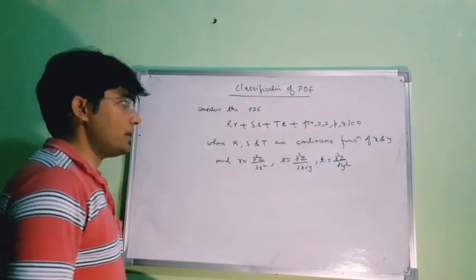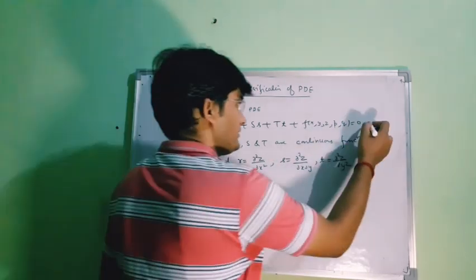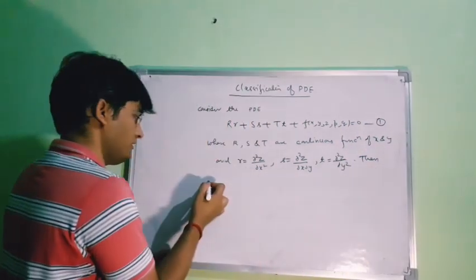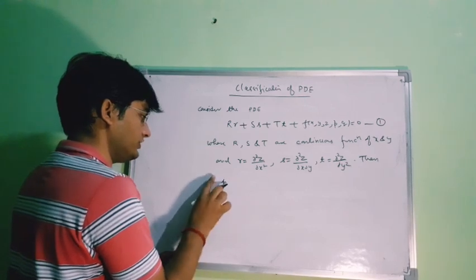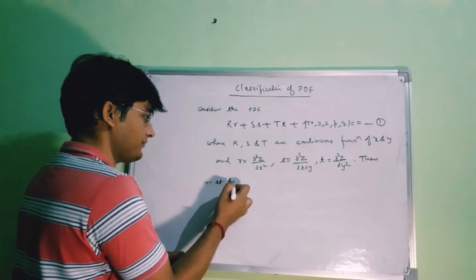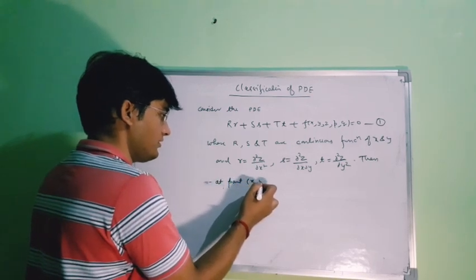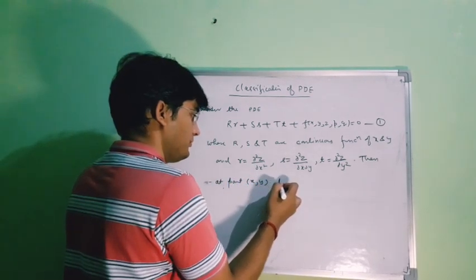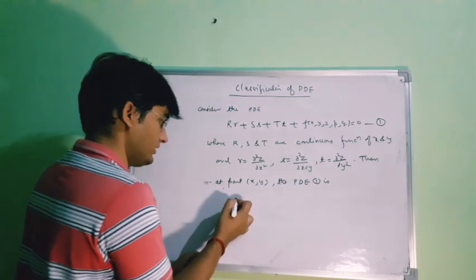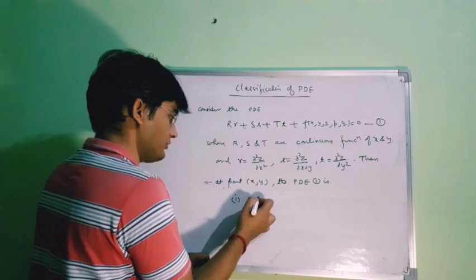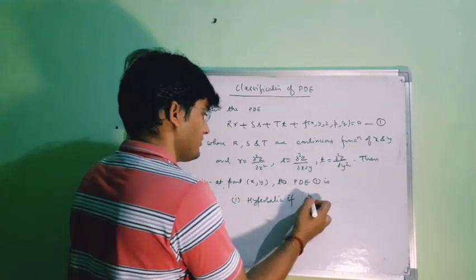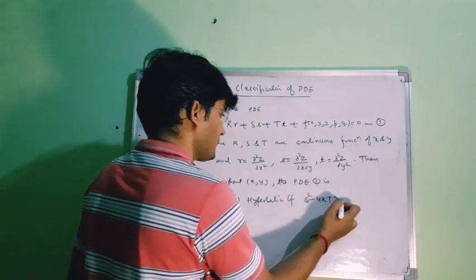So if this is your partial differential equation, say number 1, then at point x comma y, the PDE 1 is hyperbolic if s square minus 4rt is greater than 0.